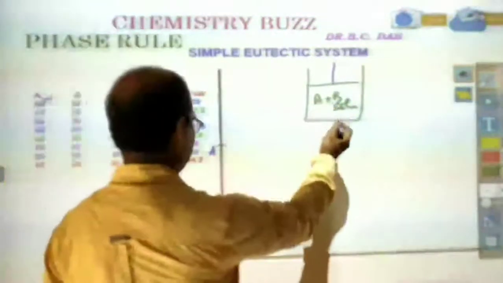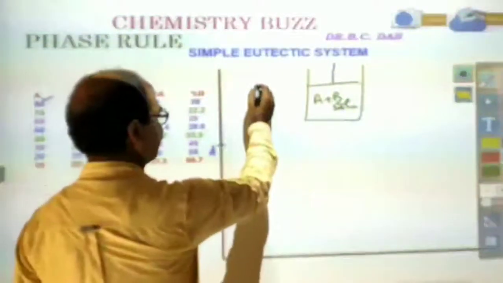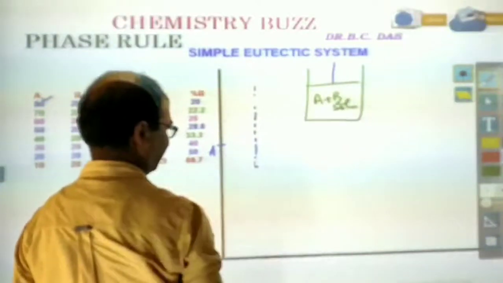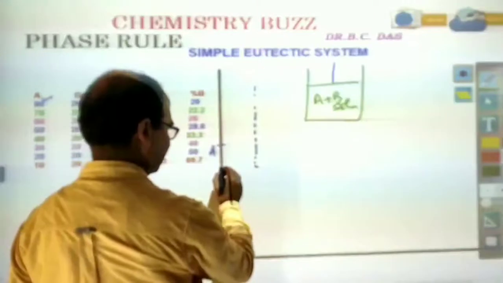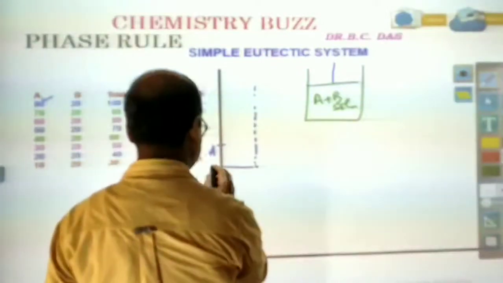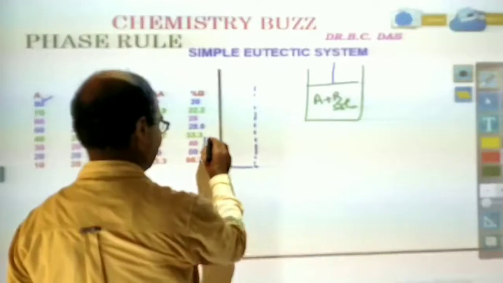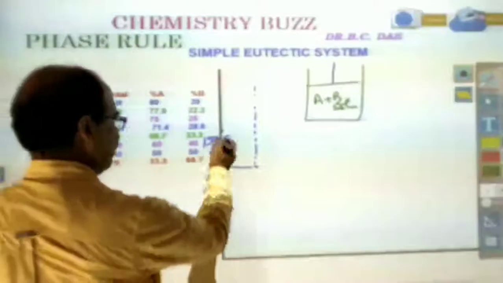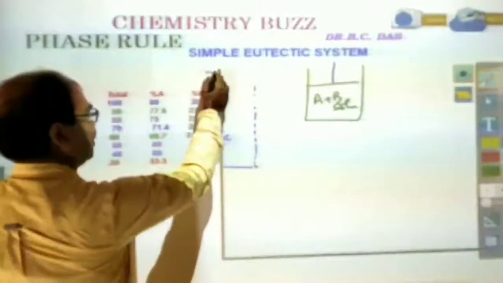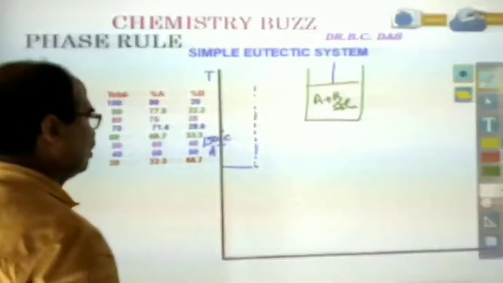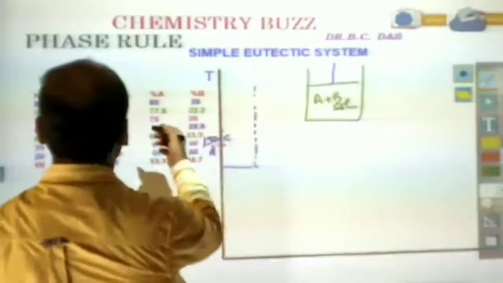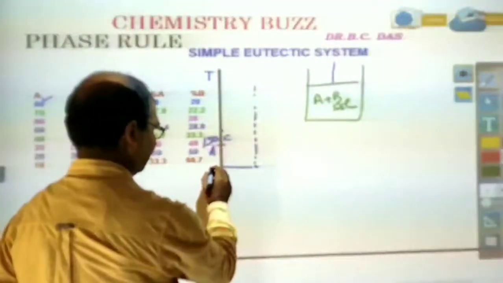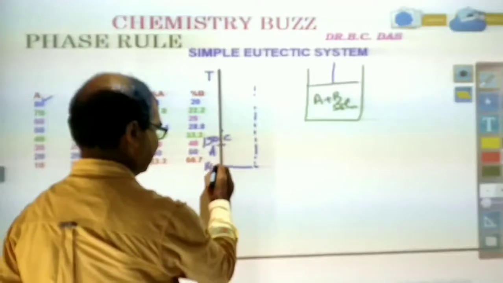So due to the presence of impurity, when it is cooled, it will be somewhere here. Let us take a numerical value for understanding. Say this temperature is 150 degrees centigrade, the melting point of pure A. So when 20 gram of B is mixed with A, the melting point will be, say, 140 degrees centigrade.